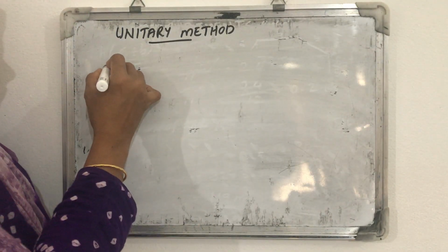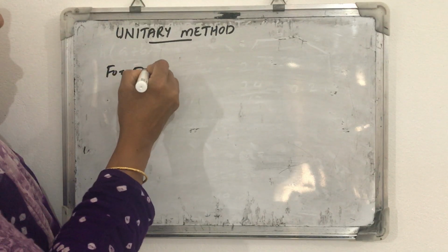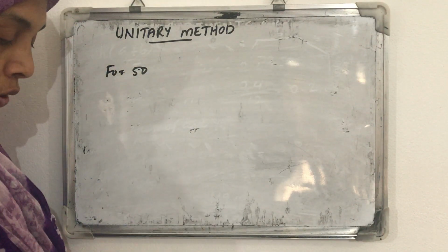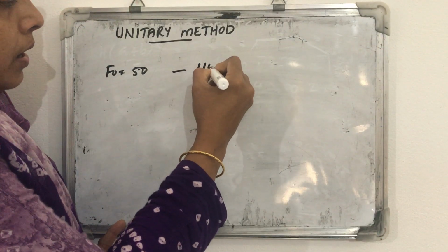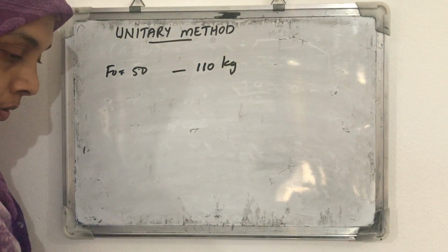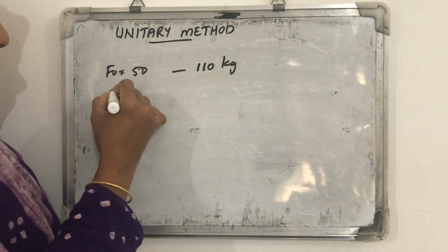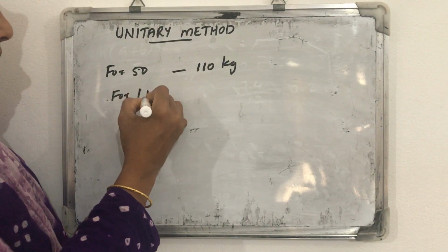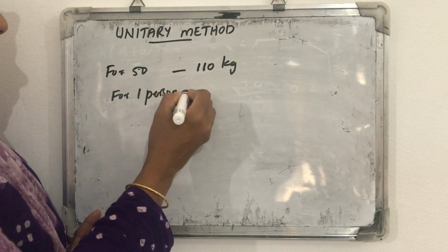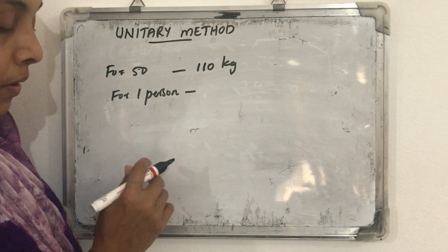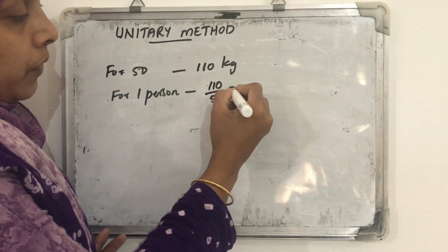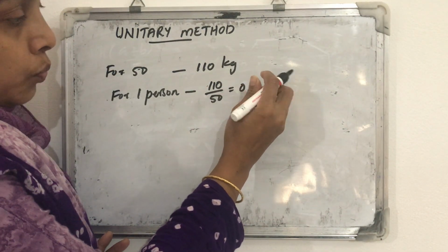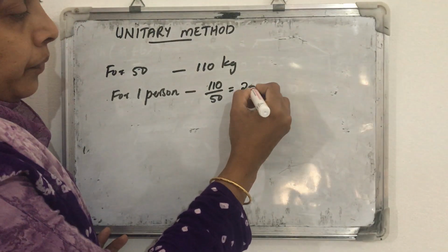For 50 people the rice needed is 110 kilogram. So first we are finding for one person what is the rice needed for 1 week. It will be 110 by 50, that's equal to 2.2 kilogram.